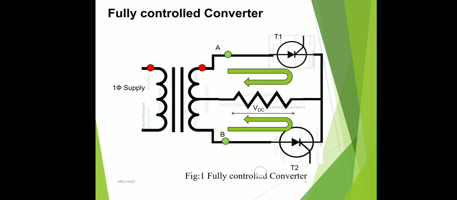Here the anode of T2 is connected to the secondary of the transformer at point B. And here the load resistor R is connected. Right. This is the construction of the fully controlled converter. It has two SCRs and one center tapped transformer.